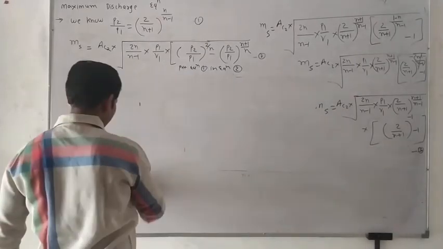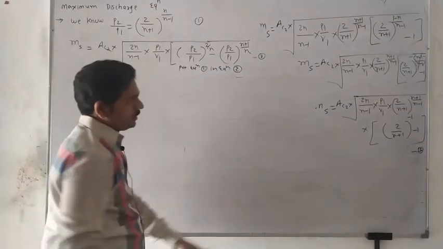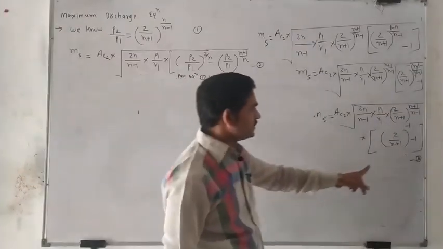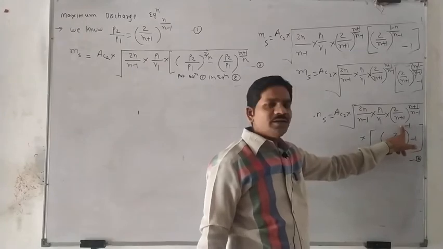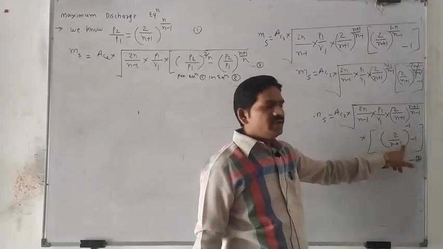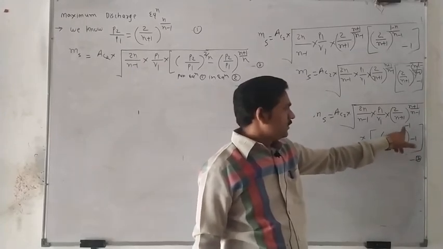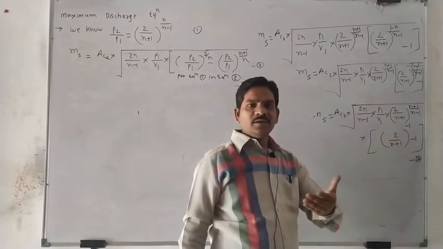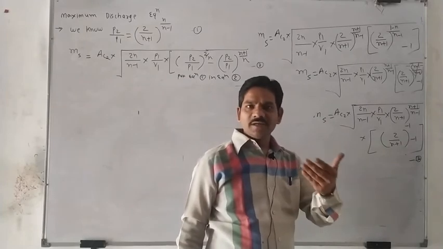So lastly, this m_s, you getting this. So this minus 1, you have to rearrange the term once again. Denominator shifted in numerator, numerator shifted in denominator. Then once again plus becomes minus and minus becomes plus.